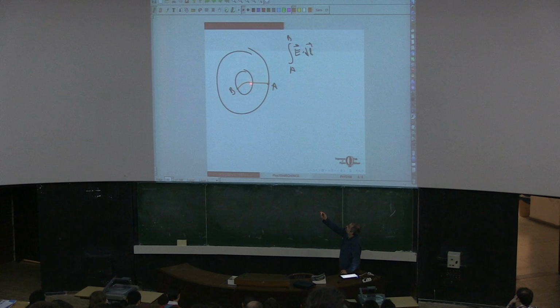So I will only have a contribution along this segment. Let us take a very small segment on that trajectory. This is dl, which will be, let's say, dl in the rho hat direction. Oh, sorry.